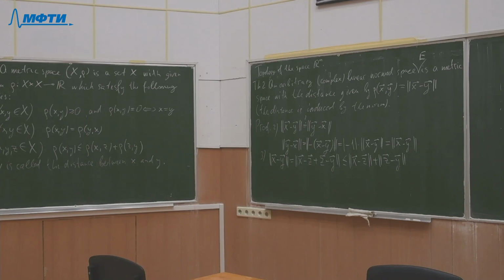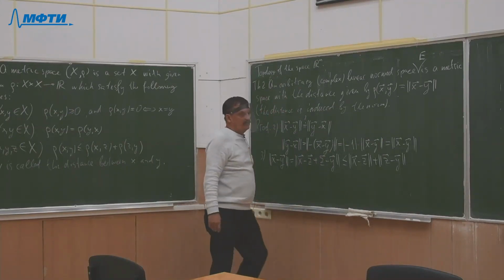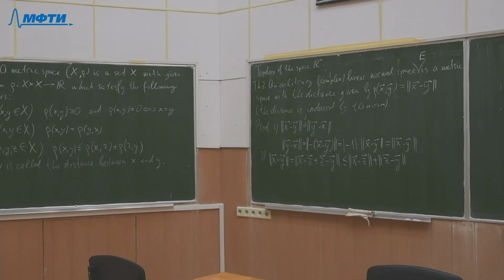Okay. And from now on, I plan to give a lot of definitions. Part of them were given before for real numbers, like neighborhood, and now I'll introduce a neighborhood in a more general situation. In fact, all definitions will be given for an arbitrary metric space.